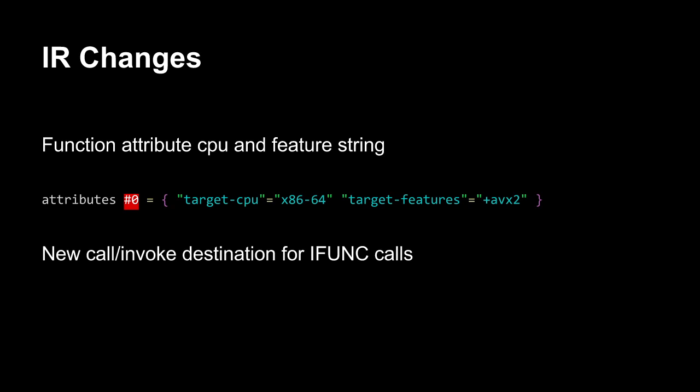So I've gotten used to attributes in the function, and then whenever you call a function that has the attributes, you just lower it as a special type of call that has the relocations of it. So he's asking if we can do a special attribute for it. These attributes aren't related to the call invoke destination.